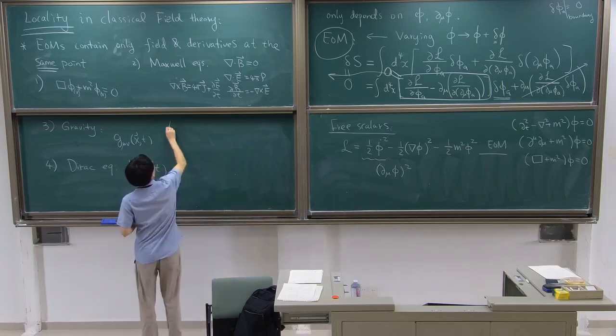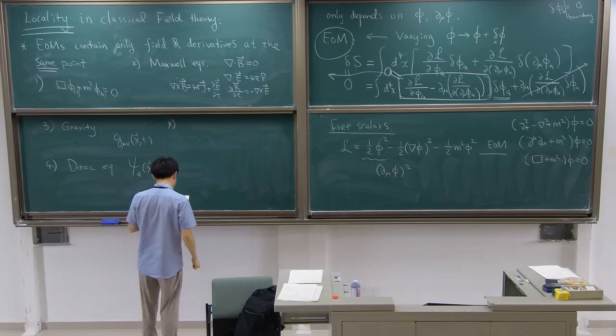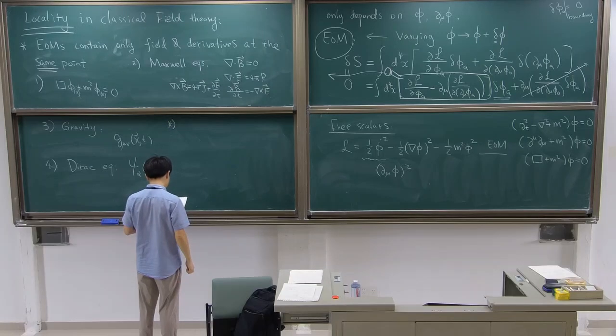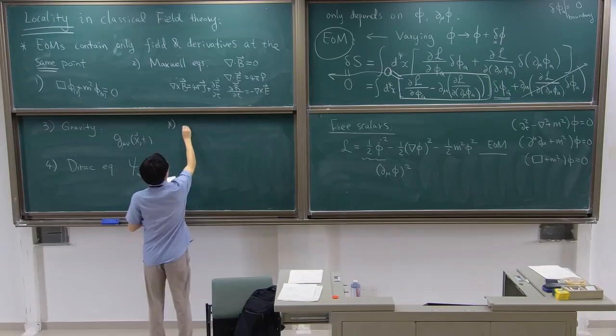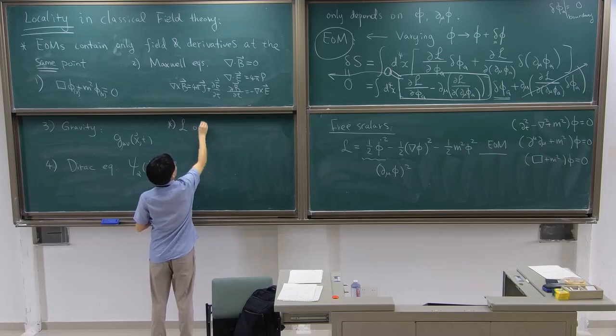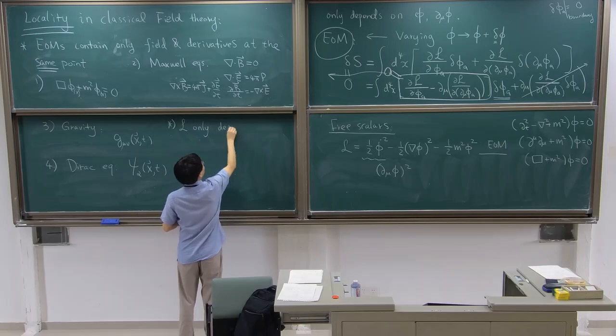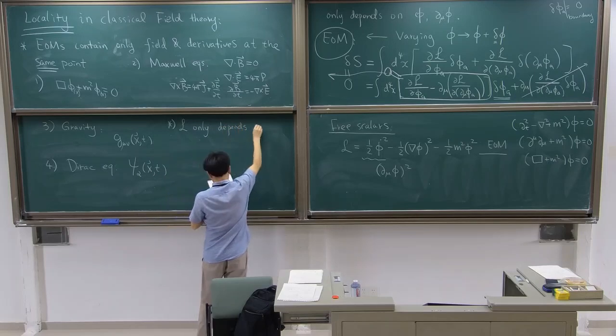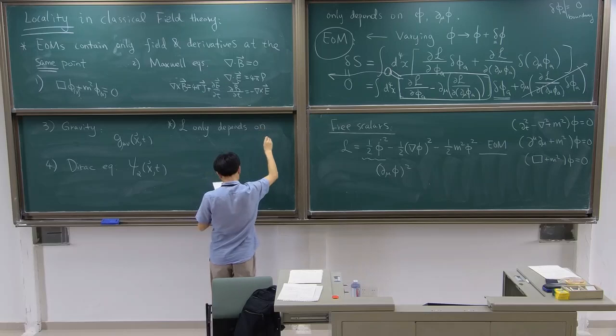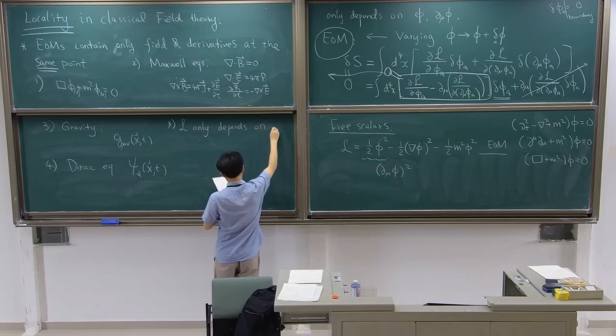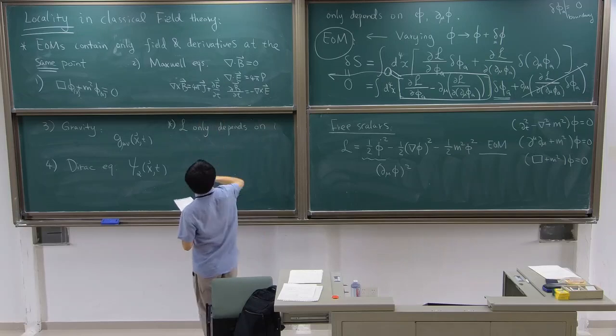Now, to be even more clear, by locality we really mean that the Lagrangian density only depends on the values at a single point.